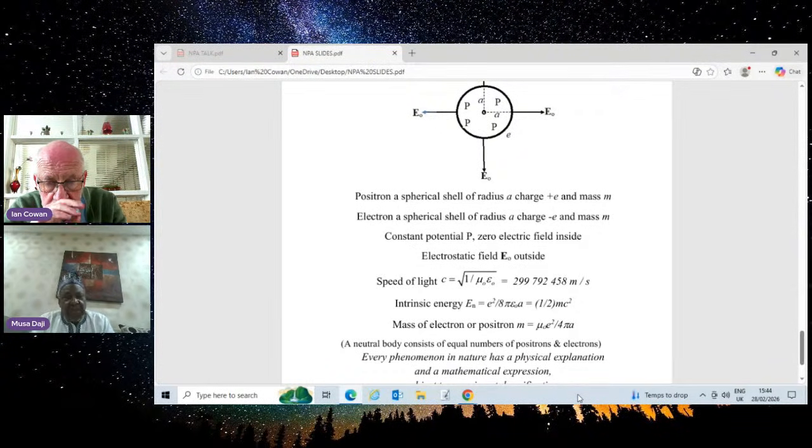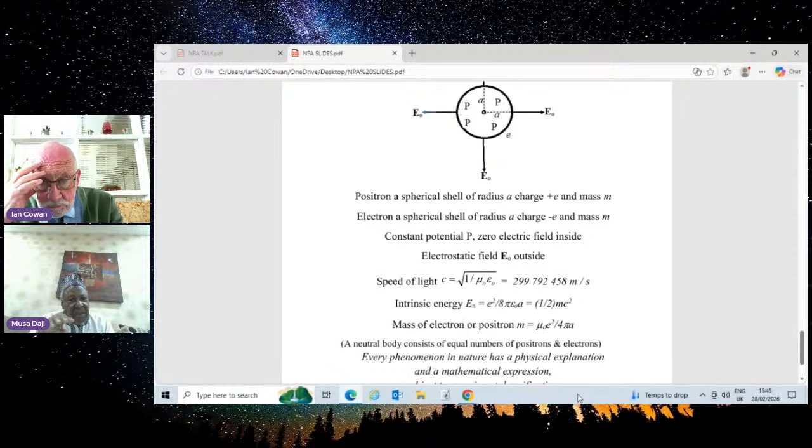If a charged particle can have mass, and we all know it has mass, and neutral bodies are made of an equal number of negative and positive charged particles, that is electrons and positrons, then a neutral body is made up of equal numbers of electrons and positrons, which have mass.